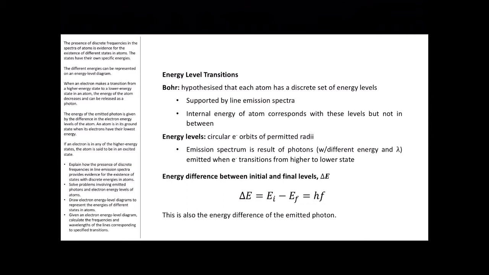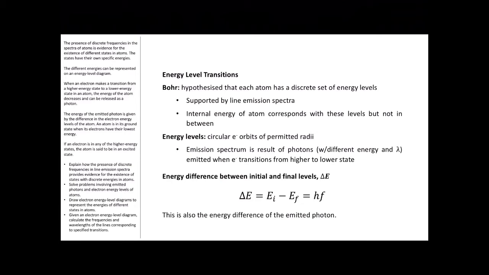The energy levels are circular electron orbits of permitted radii, and the emission spectrum is a result of photons with different energy and hence different wavelengths being emitted when an electron transitions from a higher to a lower state.